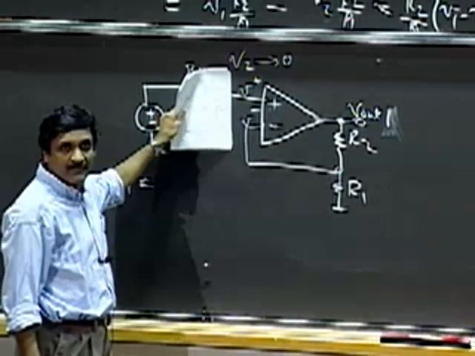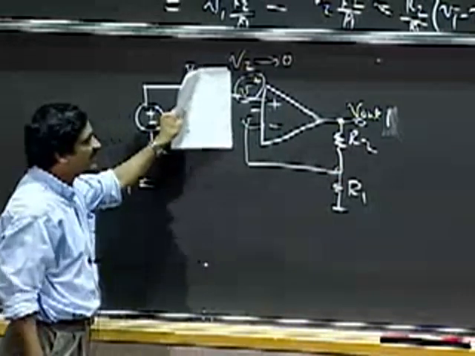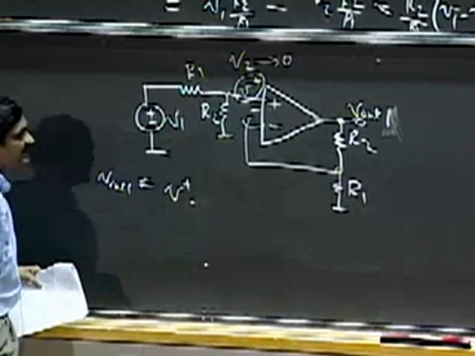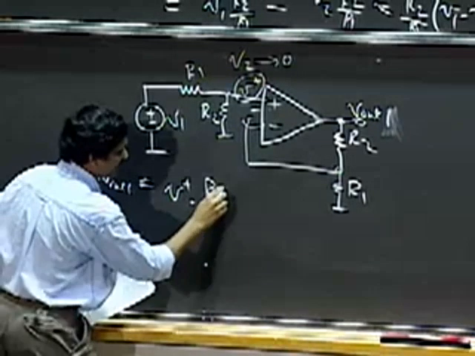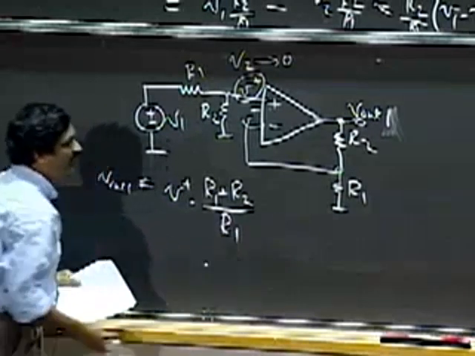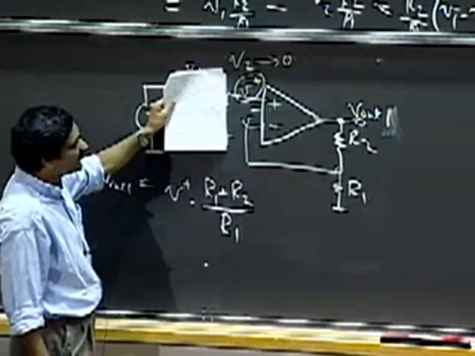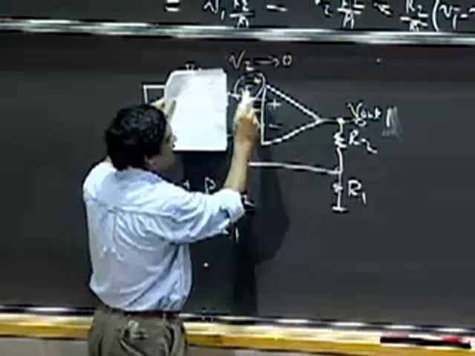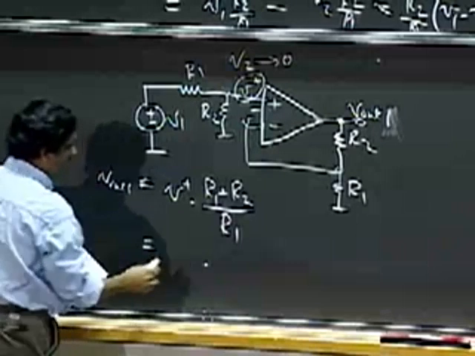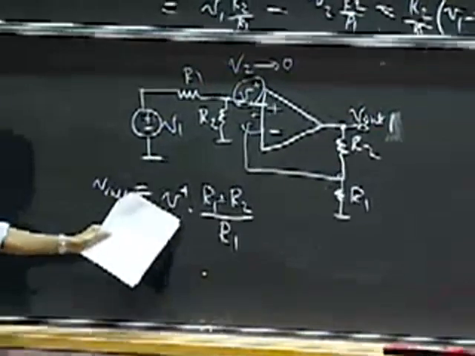From our first lecture, I know that V out 1 relates to V plus in the following way: it is V plus times the sum of the resistances divided by R1. V out 1 is simply an amplified version of V plus, but the amplification factor is given by R1 plus R2 divided by R1.